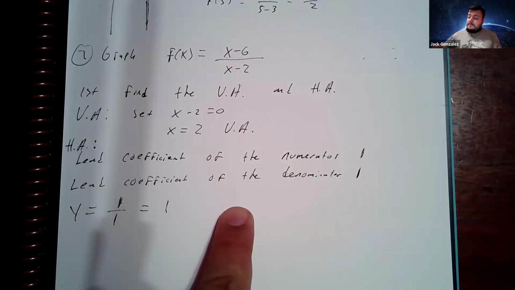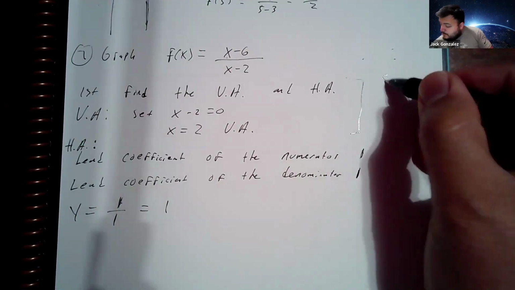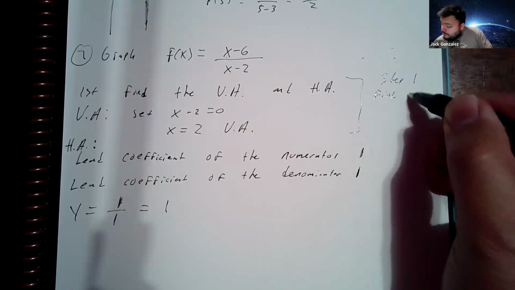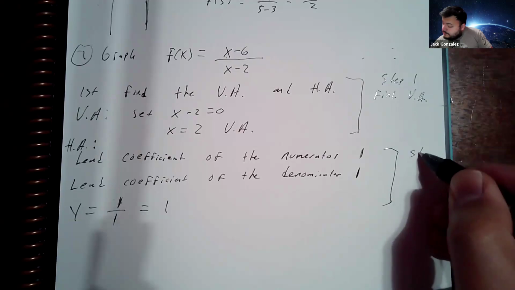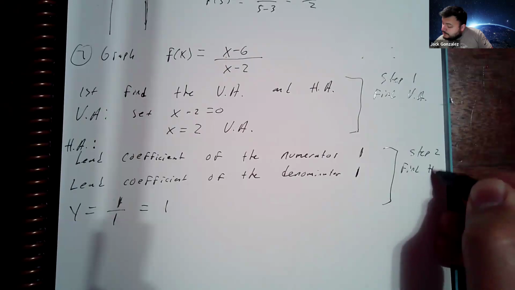Step 2, here, let me make a note here. Step 1, find vertical asymptote. Step 2, find horizontal.